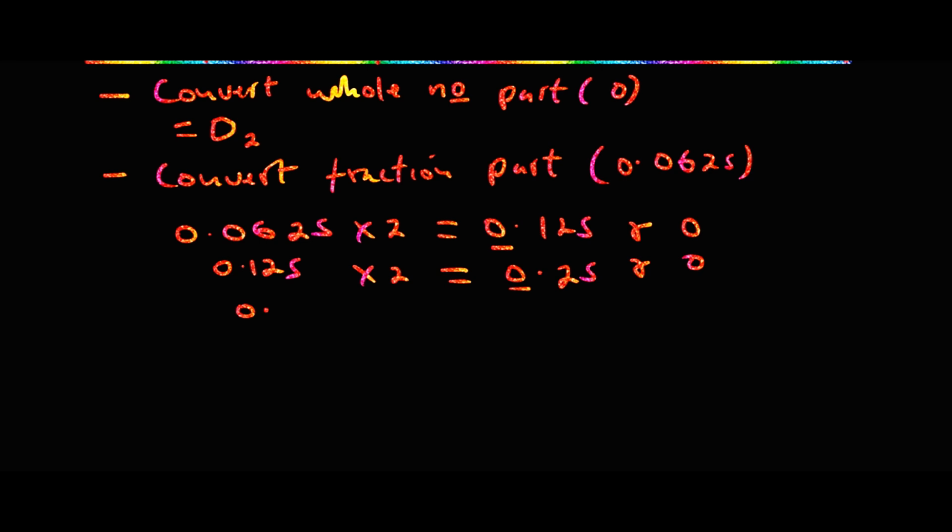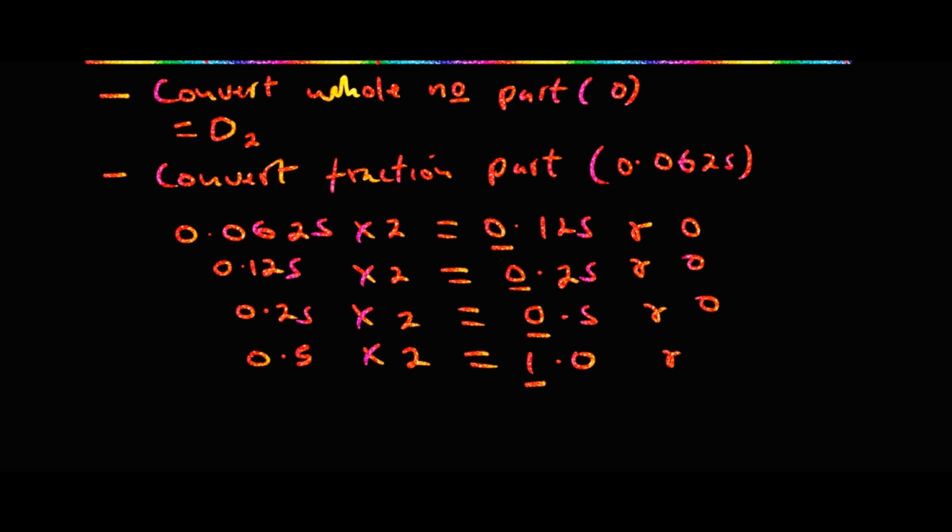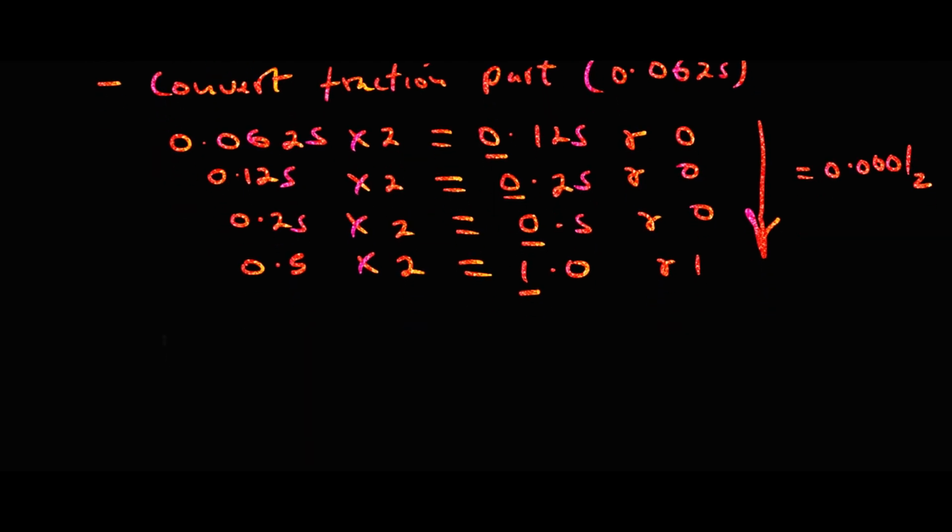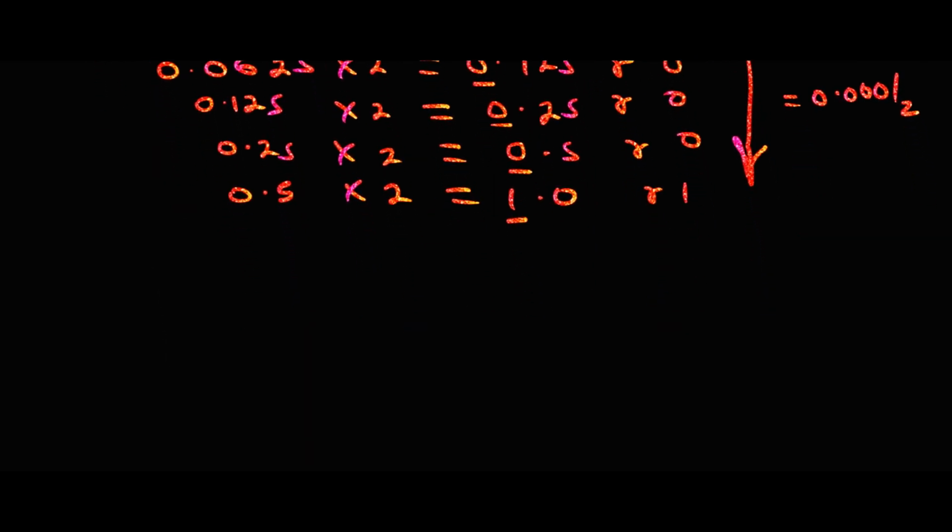The next will be 0.25 times 2, which will be 0.5, and the remainder is 0. Then we have 0.5 times 2, which is 1.0, and this time the remainder is 1. Then we read these values downwards, so that we have 0.0001 base 2.